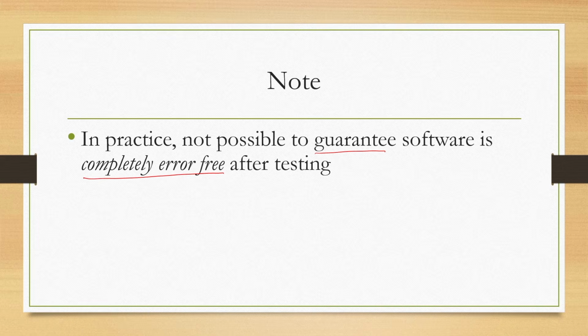No matter whatever way we try, no matter whatever method we apply, it is practically impossible to guarantee that after testing we will be able to identify all possible errors and we will be able to rectify all possible errors. That is not a practical way to think of testing.